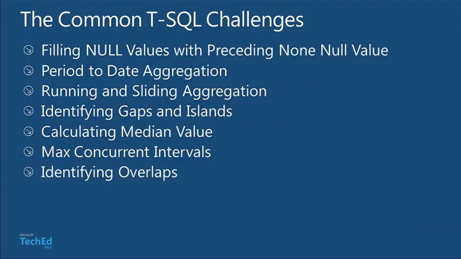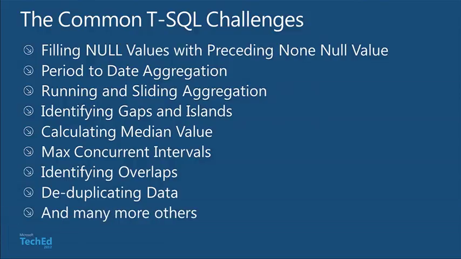Also identifying overlaps, deduplicating data, and computing the data for a Pareto chart, trying to do the plotting. This list can go on and on. I have to stop here and get our hands dirty with some demonstration, okay?